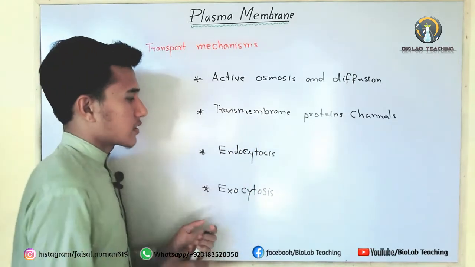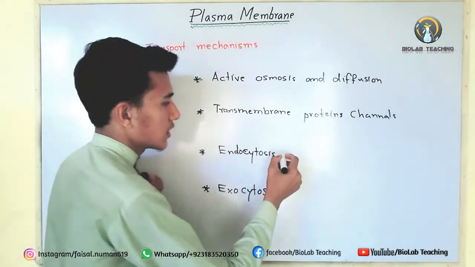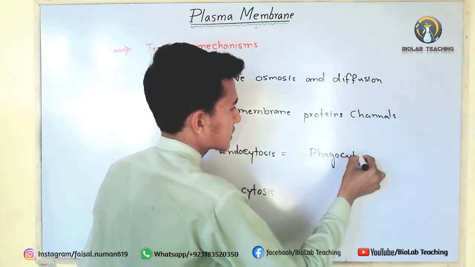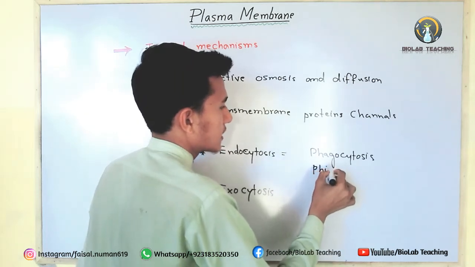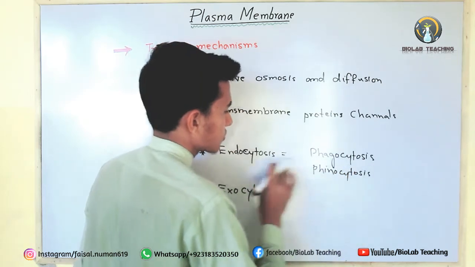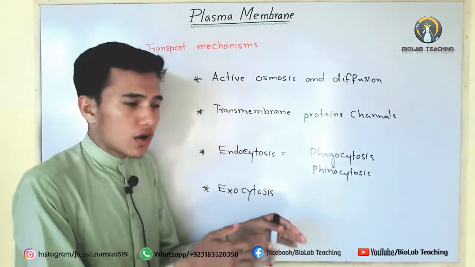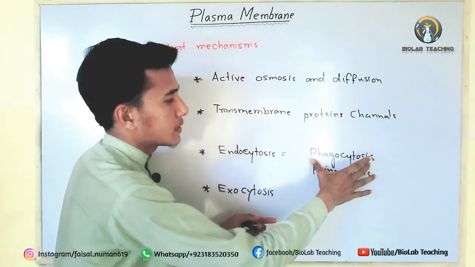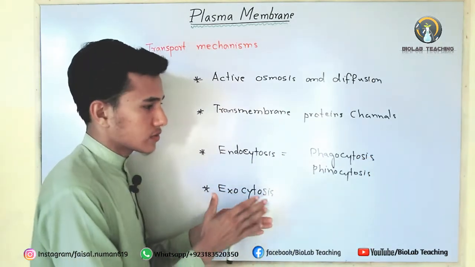And there is another term called endocytosis. In endocytosis, there are two terms. The first is phagocytosis, and the second is pinocytosis. These two terms come under endocytosis. Phagocytosis is when the plasma membrane envelops things, entering into the plasma membrane.